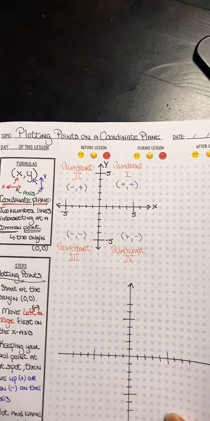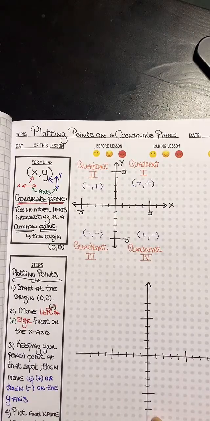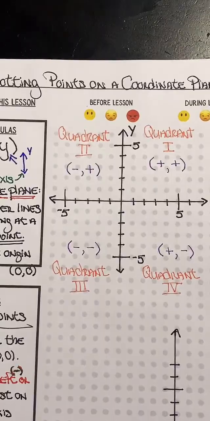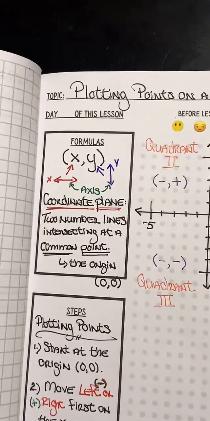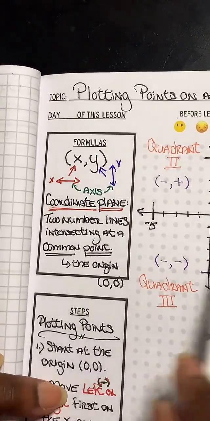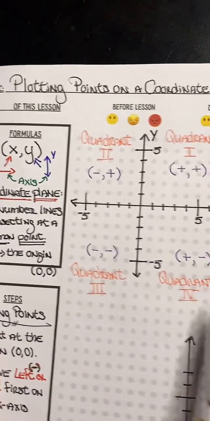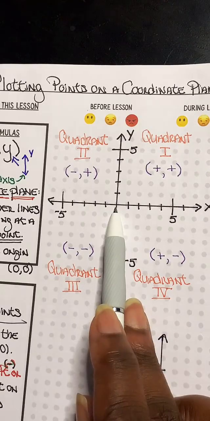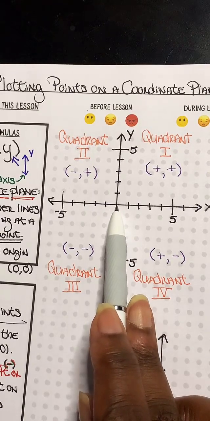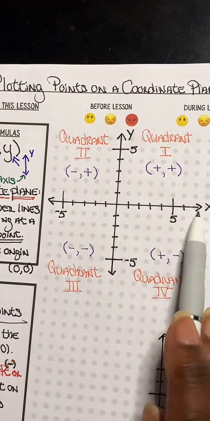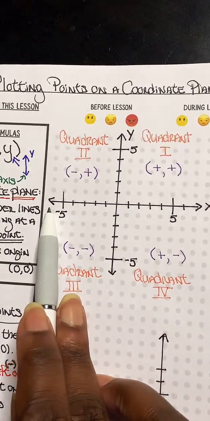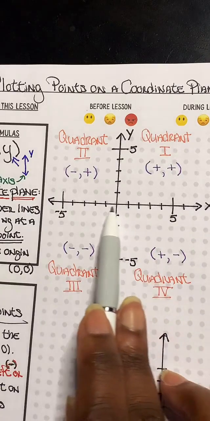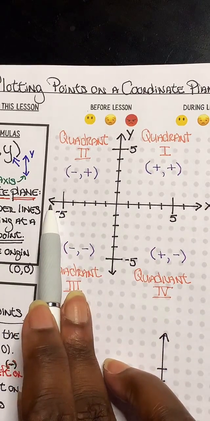So, when we are plotting points on a coordinate plane, what is a coordinate plane? In plain old English, it's basically 2 number lines intersecting at a common point, and that common point is called your origin. That's the 0, 0. Okay? So, from right to left, you're going to go from positive infinity all the way to negative infinity.